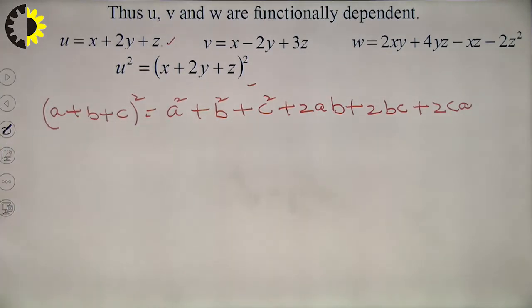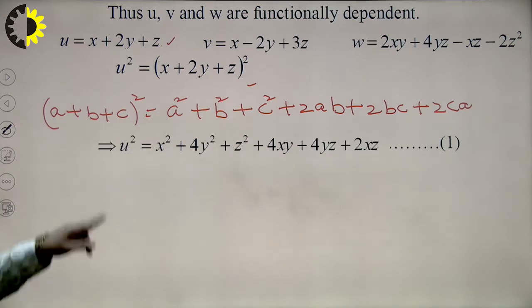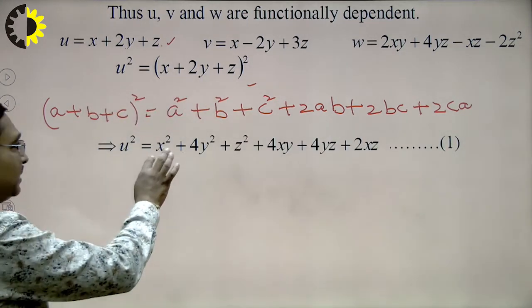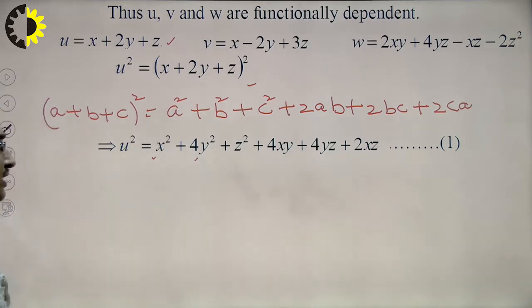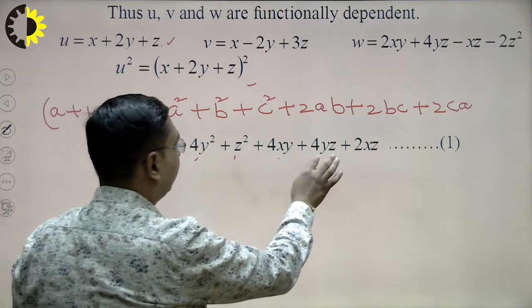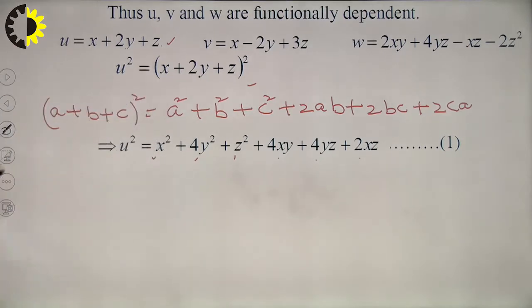By applying this formula, the expansion of x plus 2y plus z whole square will become x square plus 4y square plus z square plus 4xy plus 4yz plus 2xz. It is the value of u square.